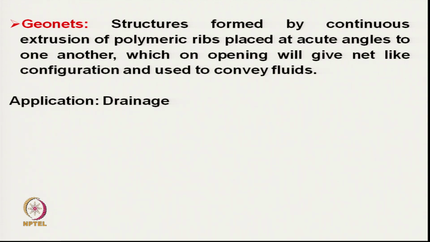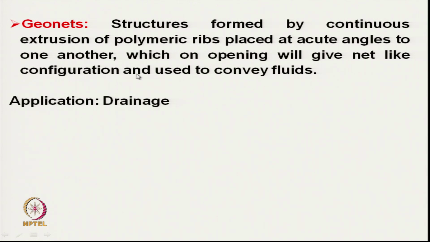Geonets are structures formed by continuous extrusion of polymeric ribs placed at an acute angle to one another, which on opening will form a net-like configuration, and they are used to convey fluid.